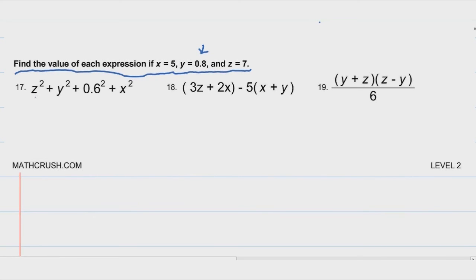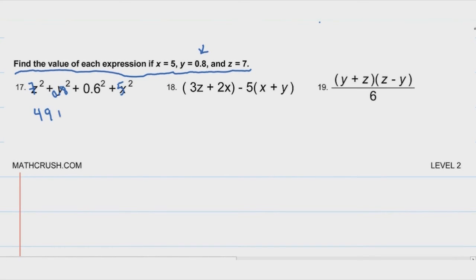Problem 17, you have z, which is going to equal 7. So we got a 7 there. You got y, which is going to be 0.8. You got 0.6, and you got x, which is going to be 5. And every single one of these is squared, or to the second power. So we're going to do 7 times 7, which is 49.